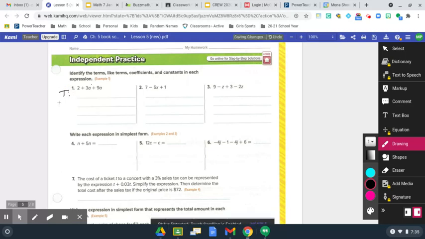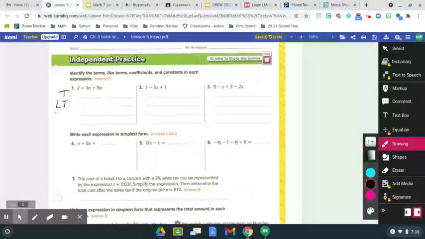You're going to see me use LT for like terms, COEF for coefficients, and CON for constants. So you're identifying each of those pieces in an expression.